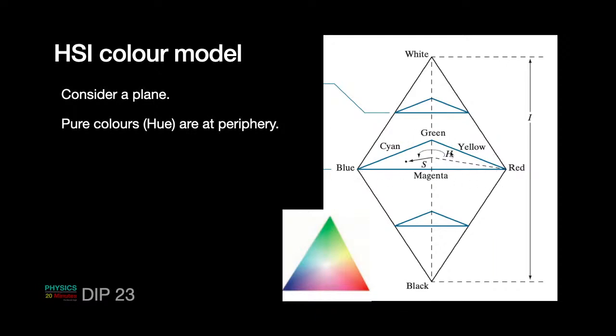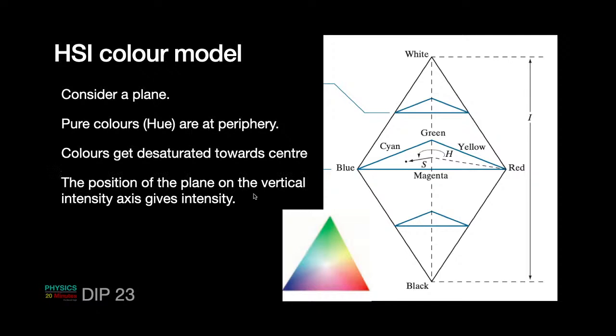So the three sides in this triangle are cyan, yellow, red, and the three corners are green, blue, red, cyan, yellow, magenta. All these will be the saturated colors as you are towards the periphery. Colors get desaturated towards the center. So this point, if it moves towards the center, it gets lighter. If it moves towards the periphery, it becomes brighter.